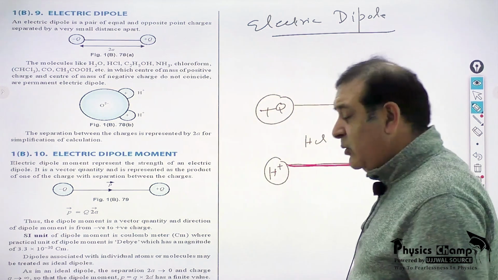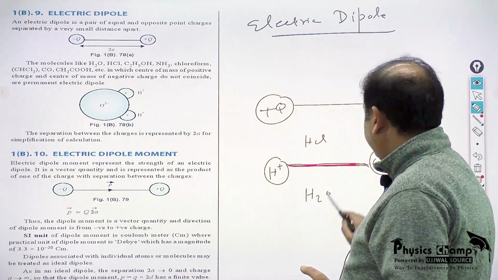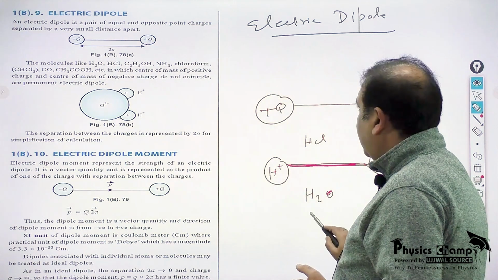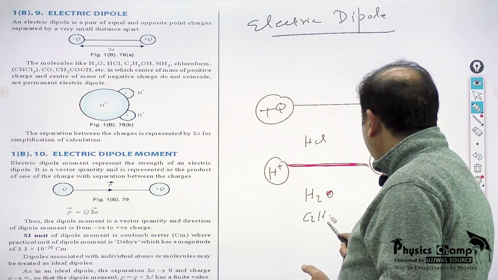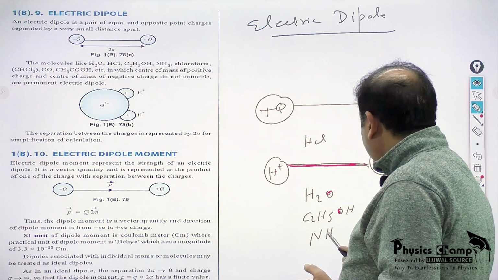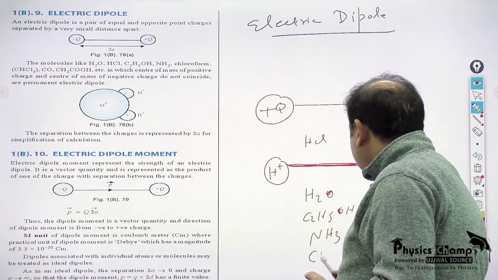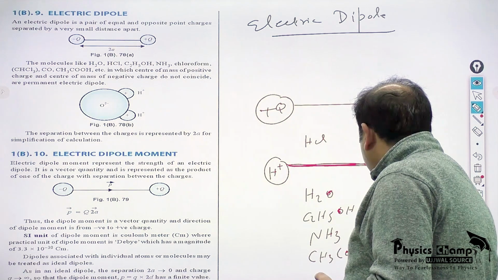Some other molecules which are like electric dipole are H2O, then C2H5OH, then ammonia, NH3, then CH3COOH.